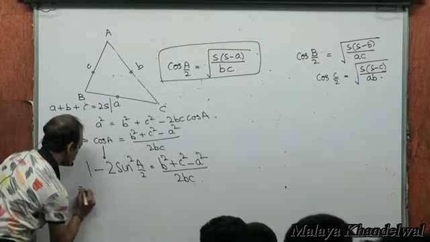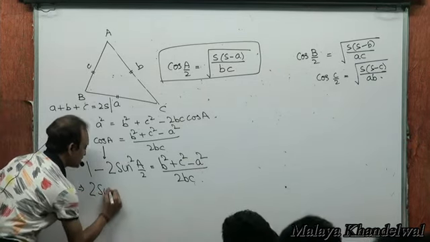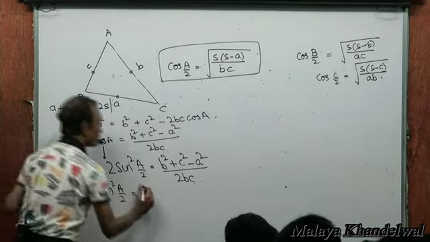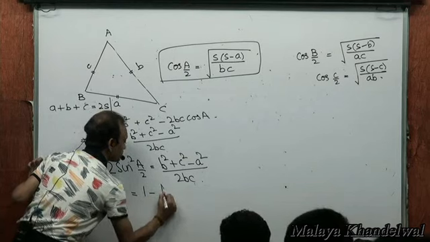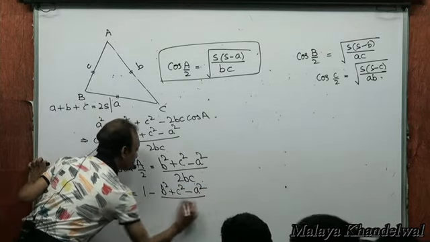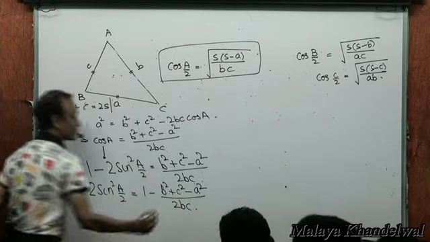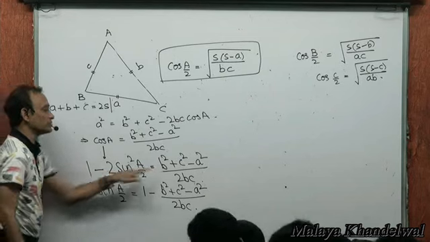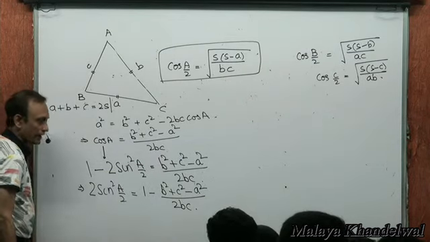Or twice sine squared A by 2 is going to be 1 minus b squared plus c squared minus a squared by 2bc. Right? 2 sine squared A by 2 would be 1 minus this, right?